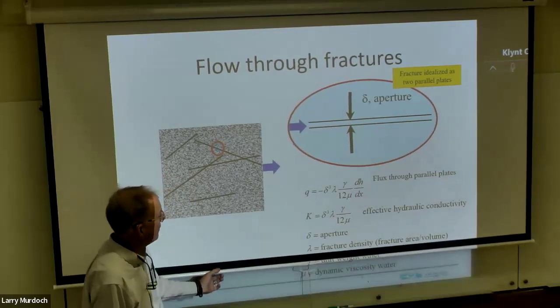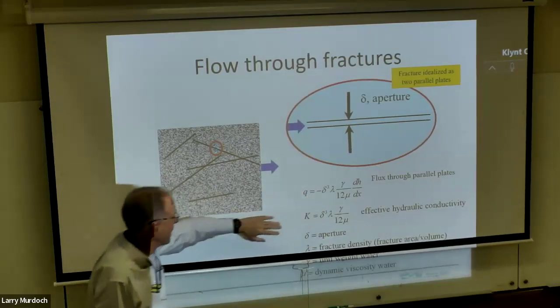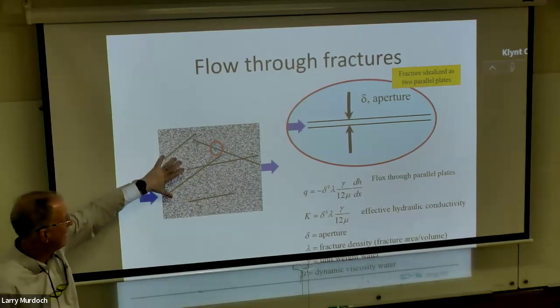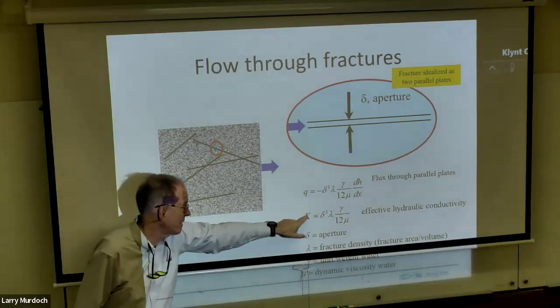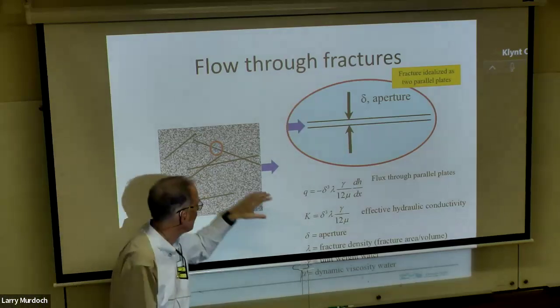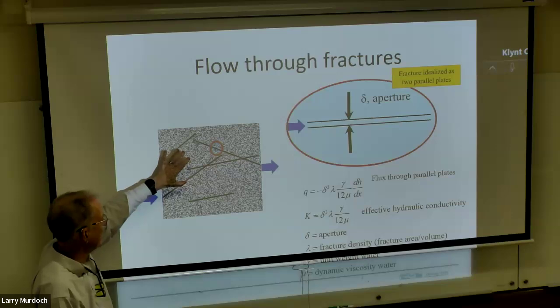Okay, so the important thing here is that this allows us to take this block and translate it into a block that's uniform that we just represent with K. And the important thing about that is that this MODFLOW model that everybody now is getting introduced to uses K, uses blocks like this and assigns them hydraulic conductivity.